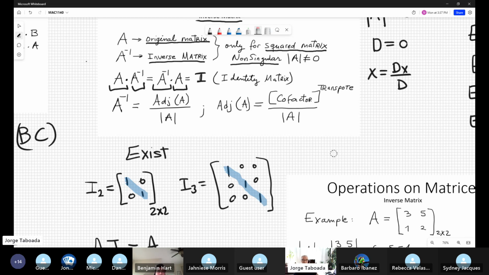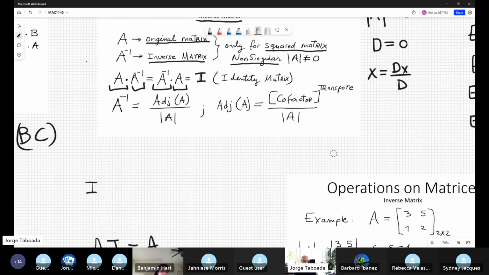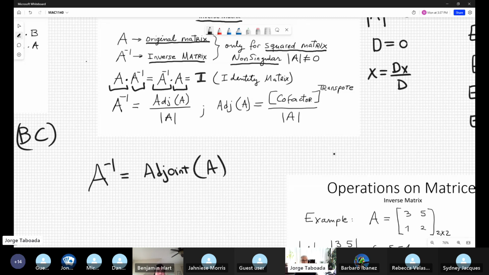The formula to compute the inverse is, look, the inverse matrix is equal to the adjoint of the original matrix A, which is given. I need to find this.